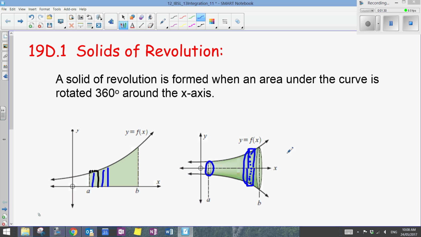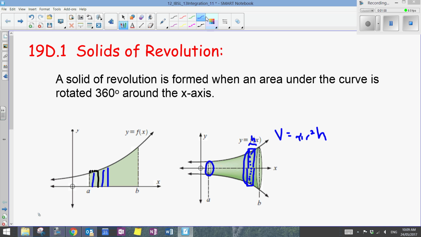If you think of a cylinder, remember a cylinder is basically a circle, so it's the area of a circle, pi r squared, multiplied by the height of the cylinder. That gives us the volume of a cylinder. The height is going to be the width of the cylinder, and then what will our r be?